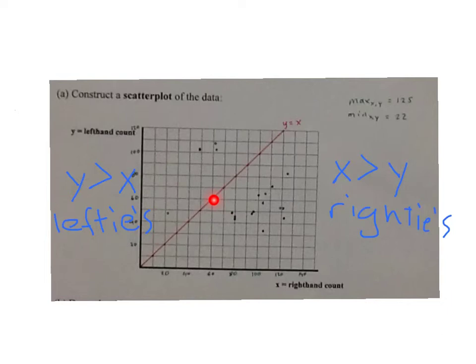If we had somebody right there on the graph, that person would probably be very close to being ambidextrous. So this is just an example of how looking at a particular line can help. Again, the line y equals x is absolutely not the regression line, but it does split the data into two parts that sometimes makes sense to look at.